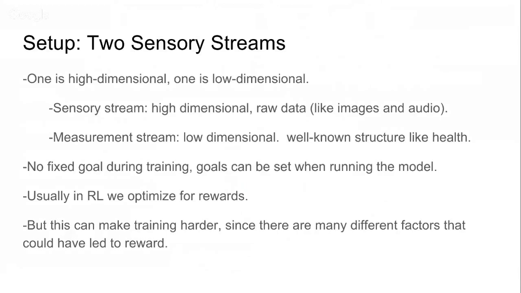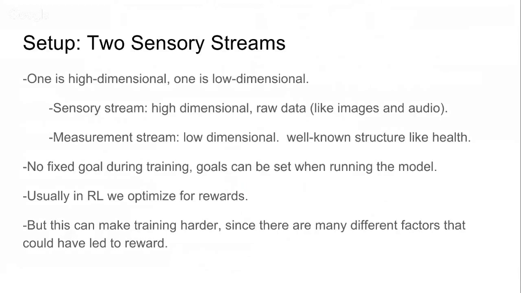Another aspect here is that there's no fixed goals during training. The goals can change during the course of training, and the goals can also be set when running the model. They can be different from what was used during training. And usually the goal is some function of this measurement stream. Now this differs from what you typically do in RL, where you usually optimize for a single scalar reward.